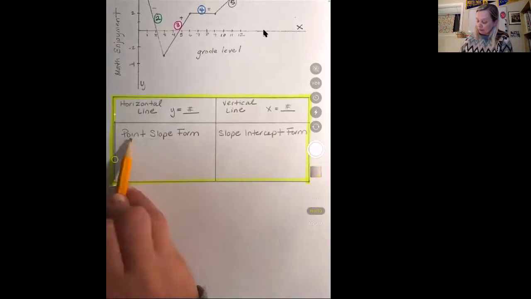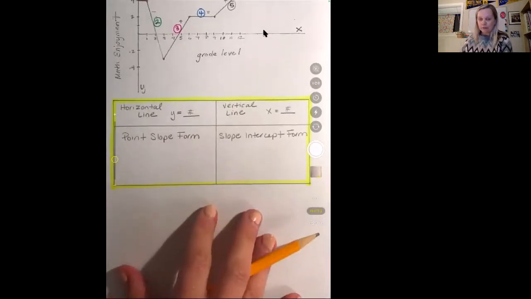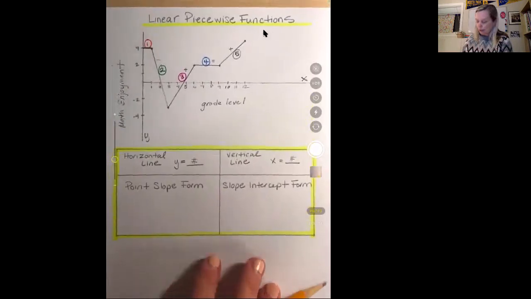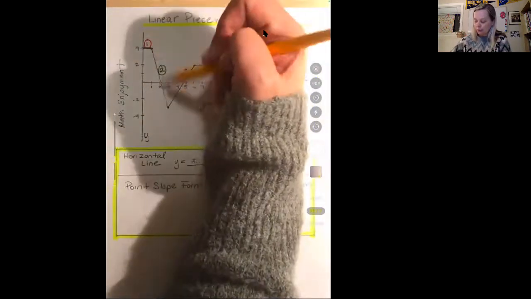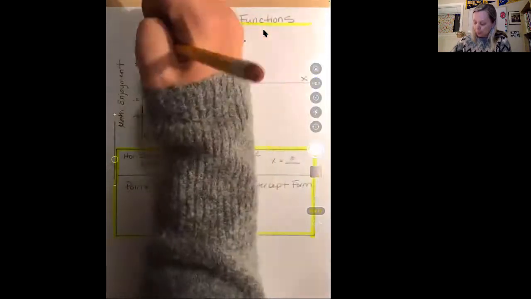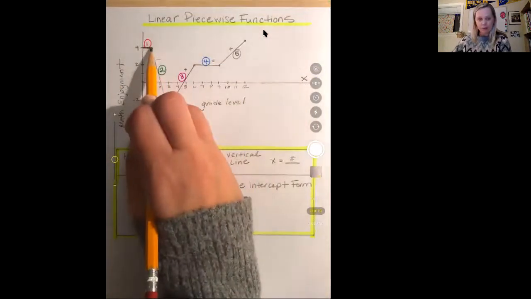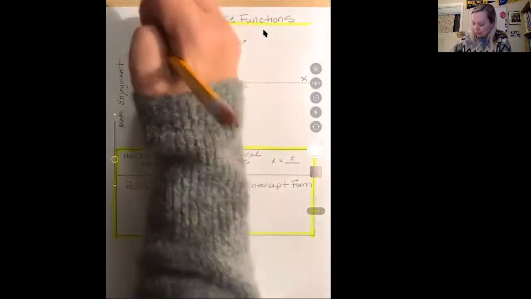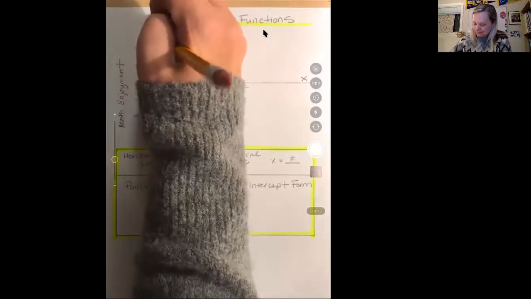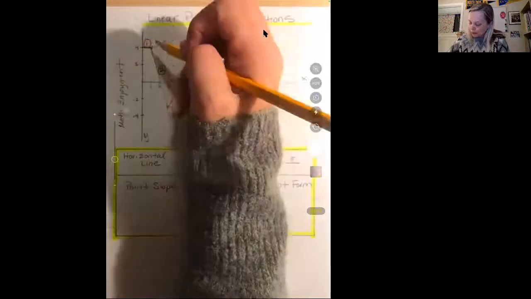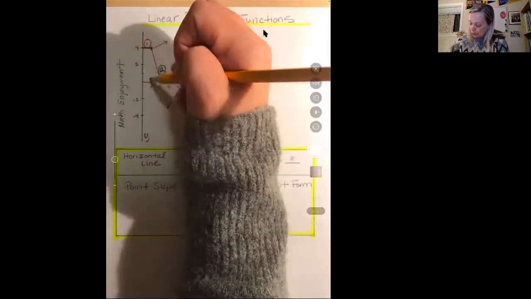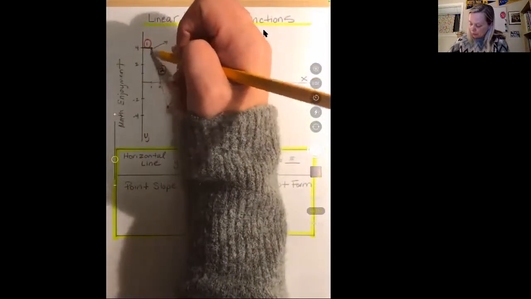And then if it does have a slope, and you can also pick out a point. For example, let's say that I was looking at section number 2 here. It definitely has a slope. And if I were to pick out one of the points on that line, I'm just going to use that one because it's there. If I were to label the coordinates of the point, that would be 1, and 1, 2, 3, 4.